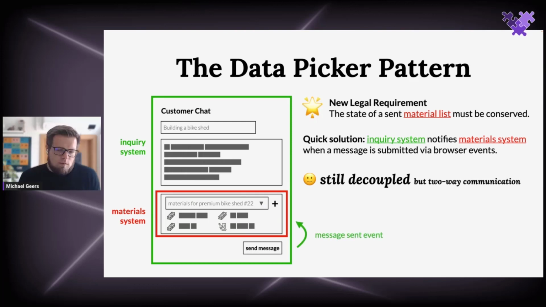Not a complicated thing. So the red thing gets a notification, the message was sent, please conserve your state, red little box. Still a high level of decoupling, but we have two-way communication now. Before we only had one direction, but not a big problem.